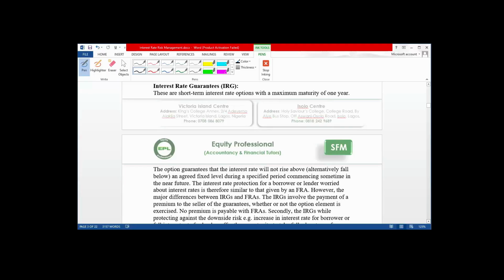This method is similar to forward rate agreements, but there are major differences.